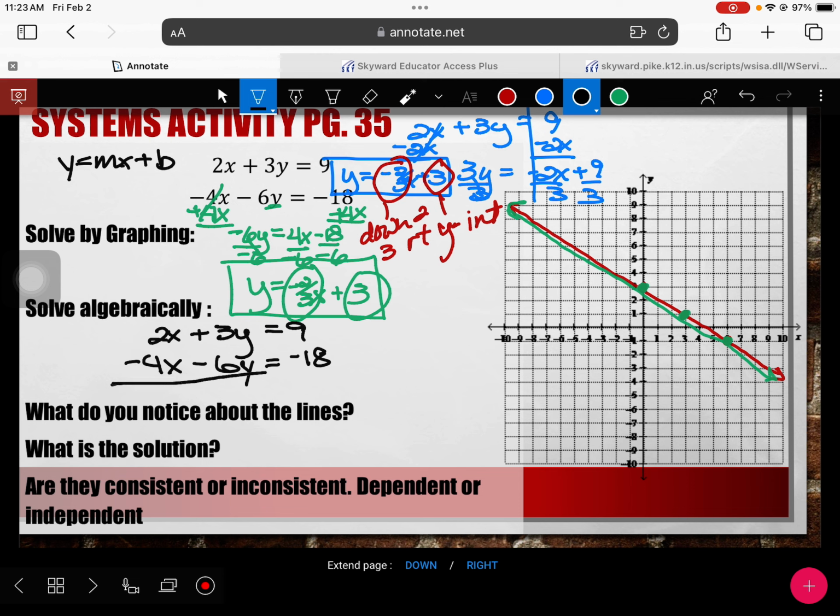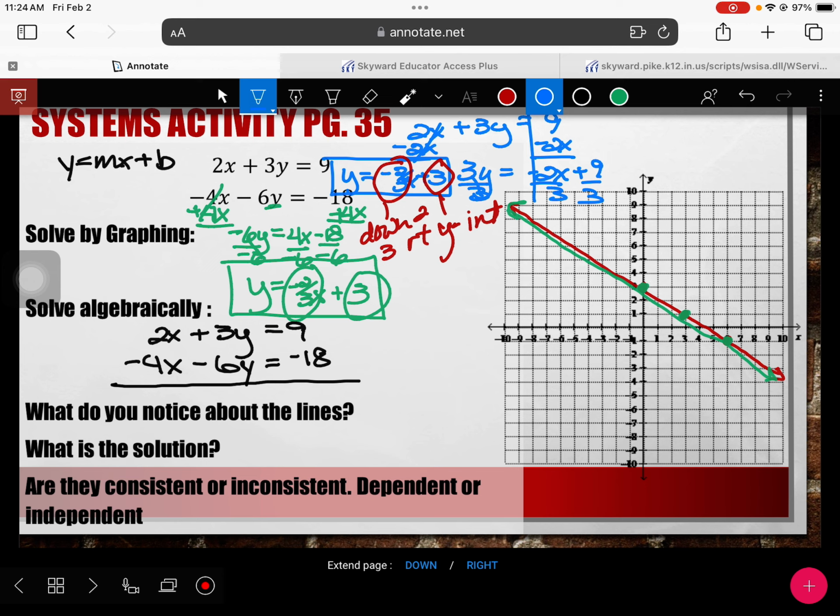Should we use substitution, or should I use elimination, linear combination? Yeah, elimination, linear combination. So as I look at this, what would you suggest? Let's say we want to get rid of what? The x's or the y's?